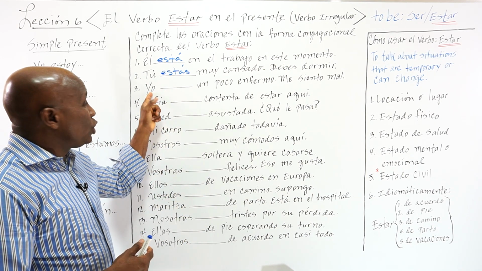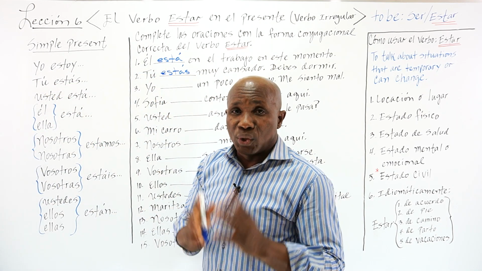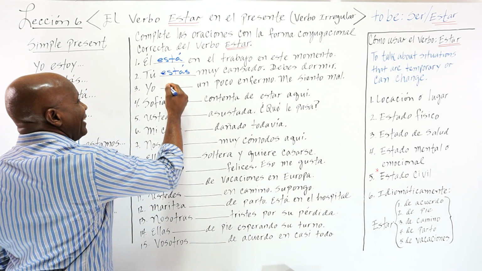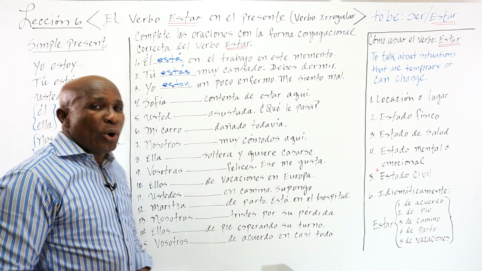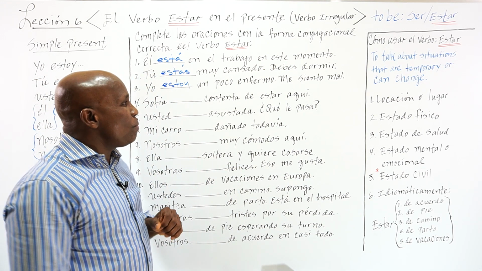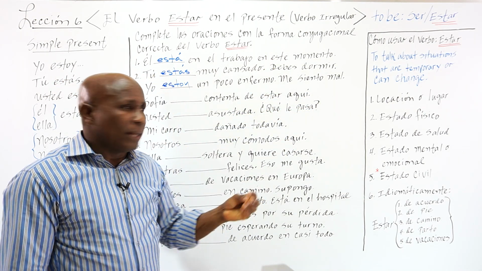Now, yo estoy, ¿cómo? How? Yo estoy un poco enfermo. I am a little sick. Estoy un poco enfermo. Me siento mal. I feel bad, right?